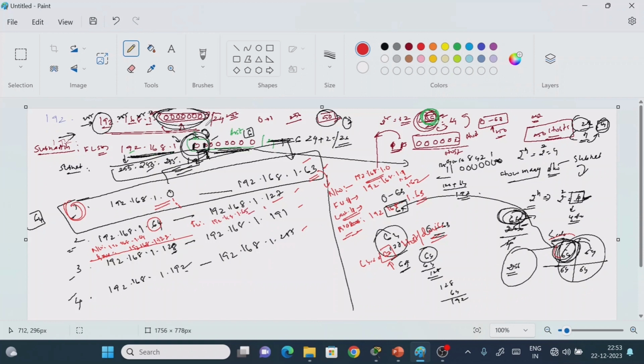What is the last usable IP address? 192.168.1.126. So like this you find the first usable, last usable, network ID as well as broadcast ID. Suppose for this one, this is the network ID, this is the broadcast ID. The first usable IP address is 193, the last usable address is 254.